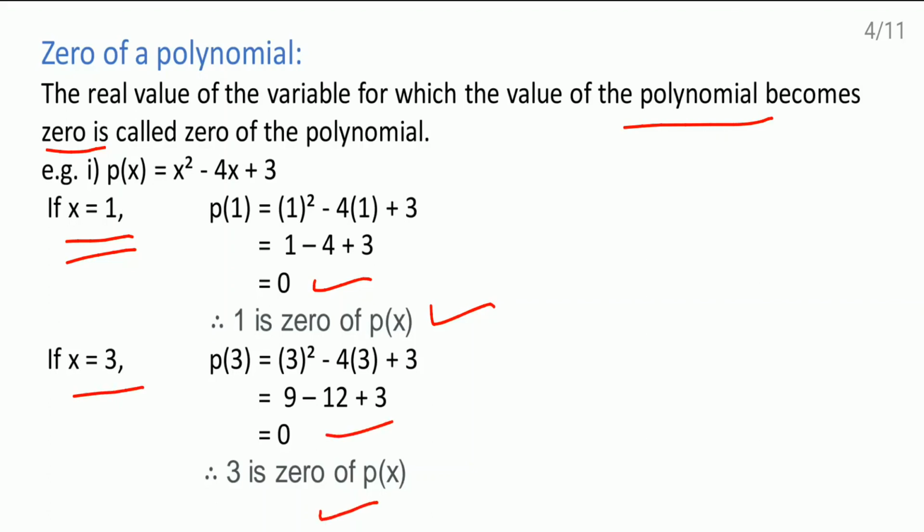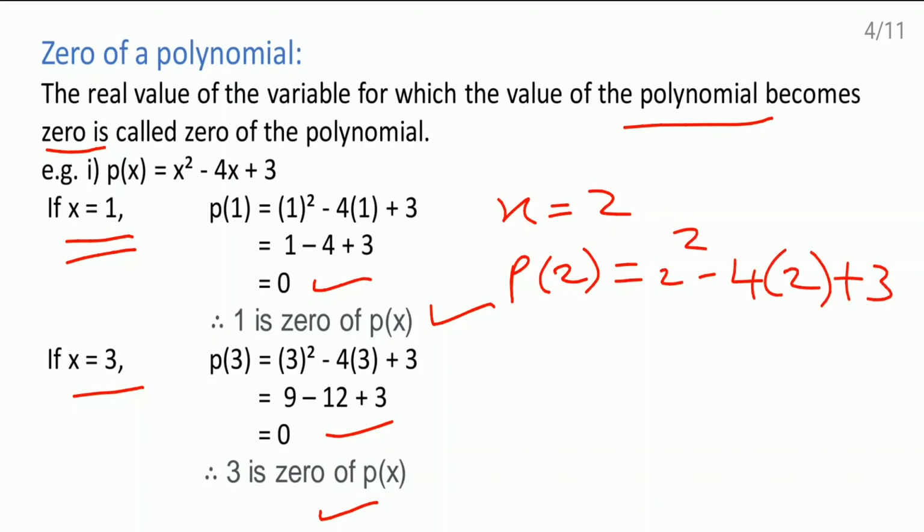That means 3 is also a zero of the polynomial. Let us see the other one. Suppose I substitute x equal to 2: p of 2 is equal to 2 square minus 4 into 2 plus 3, which is 4 minus 8 plus 3. My answer comes as 7 minus 8, which is equal to minus 1.